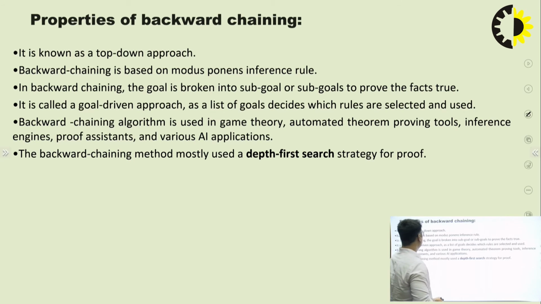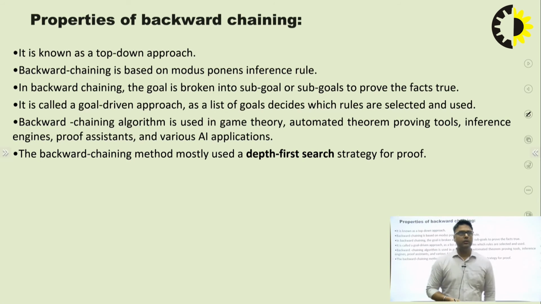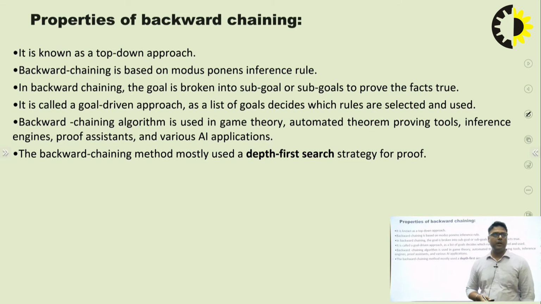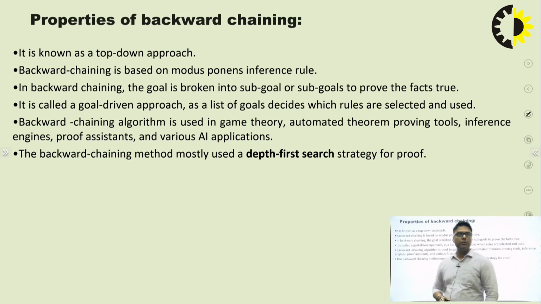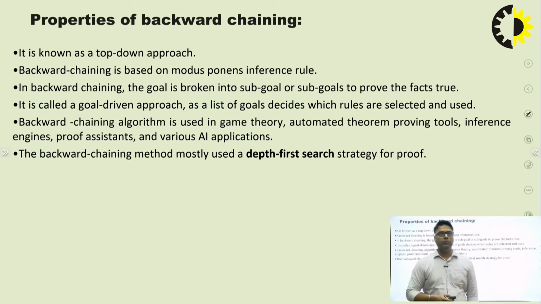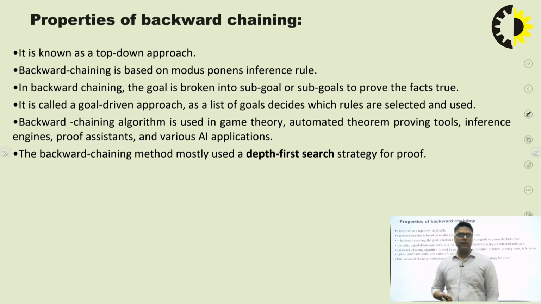Same example here I have to use. Before the example, I have to check some properties of backward chaining. It is known as the top-down approach. Backward chaining is based on the top-down approach. That means the goal state is my top state, so I have to move to the initial state. Backward chaining is based on modus ponens inference rules. It uses the inference rules.